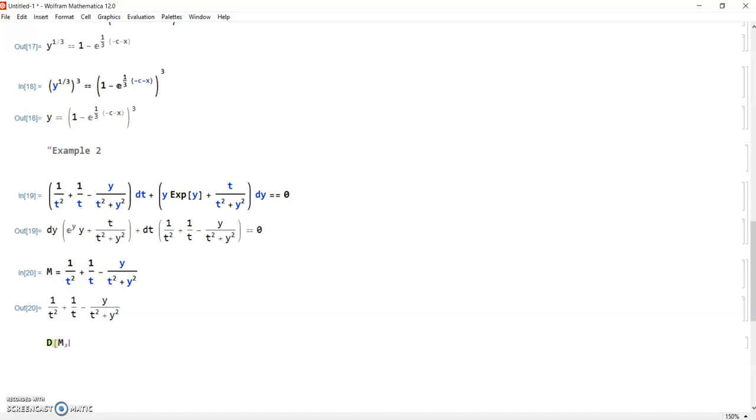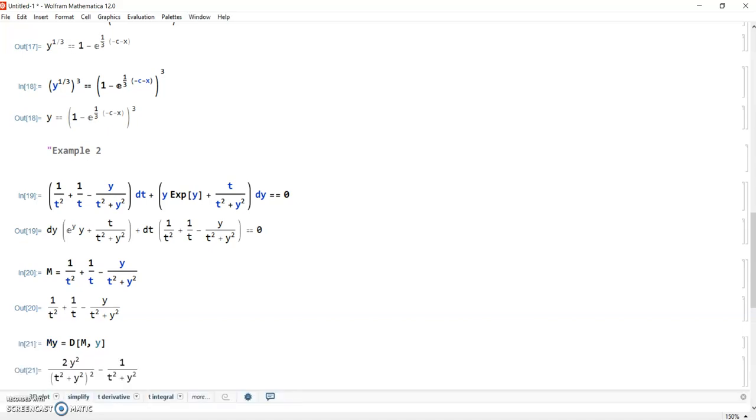In this case, I have to differentiate with respect to y for testing the expression. So close. I can also show it to be equal to the derivative of M with respect to y, so I put it equal to My. Now I execute it.